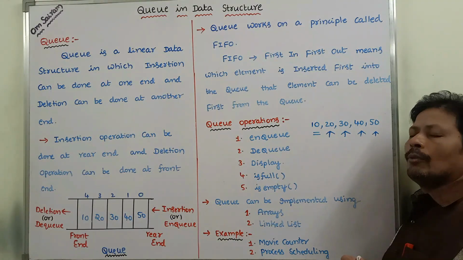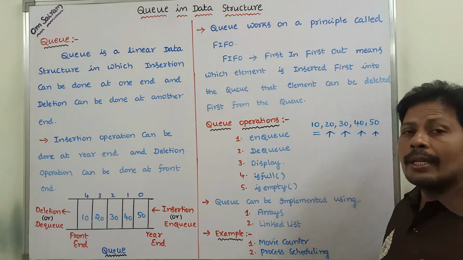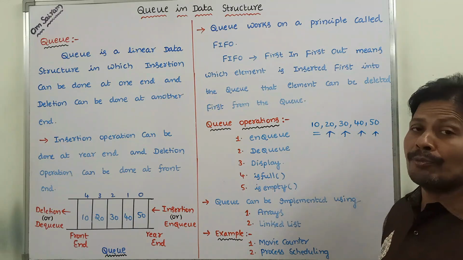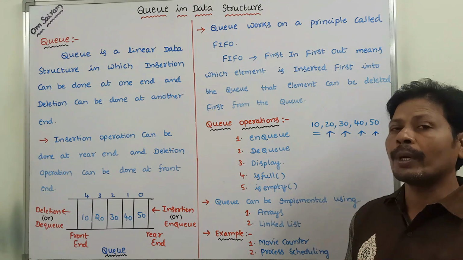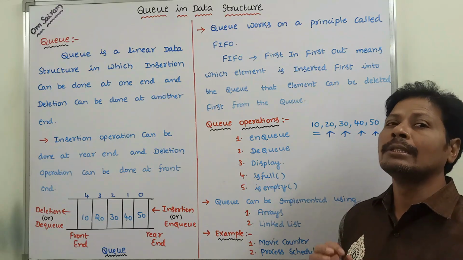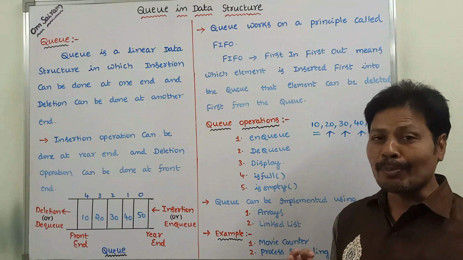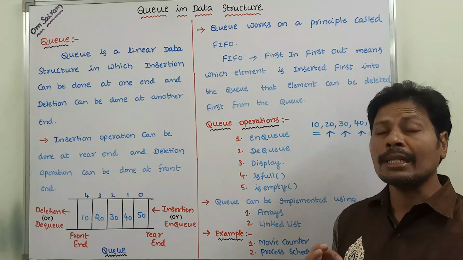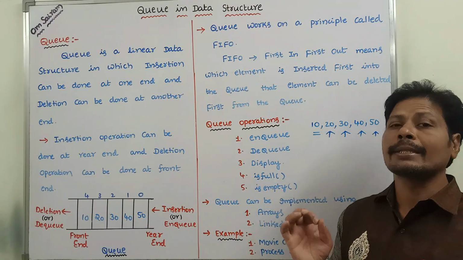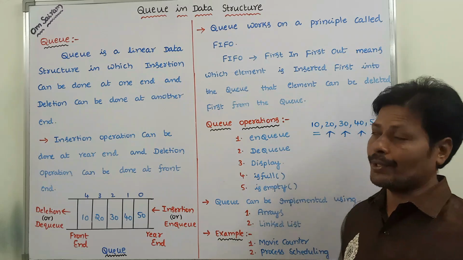Next, what are the operations that can be performed on the queue? First one is NQ operation, second one is DQ operation, third one is display operation, fourth one is is full operation, fifth one is is empty operation.